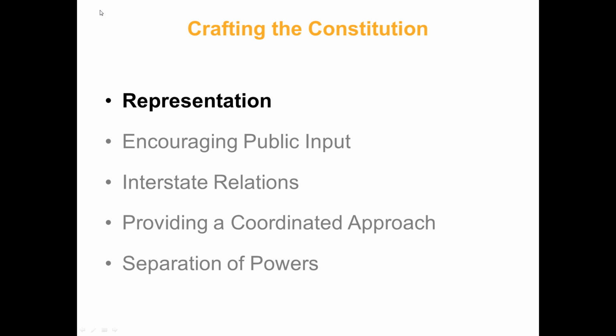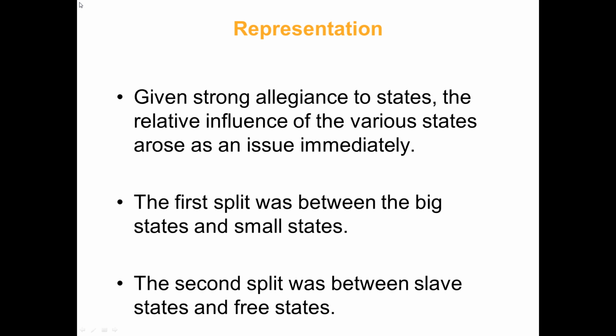All right, so the first and maybe the biggest issue in trying to form a new national government involved representation in this government. So you have 13 different states now. You have different interests within each of these states, within different regions as well. Certain qualities of each state, like population, matter. So a big issue here is just determining how much power and influence each state is going to get within the new national government.